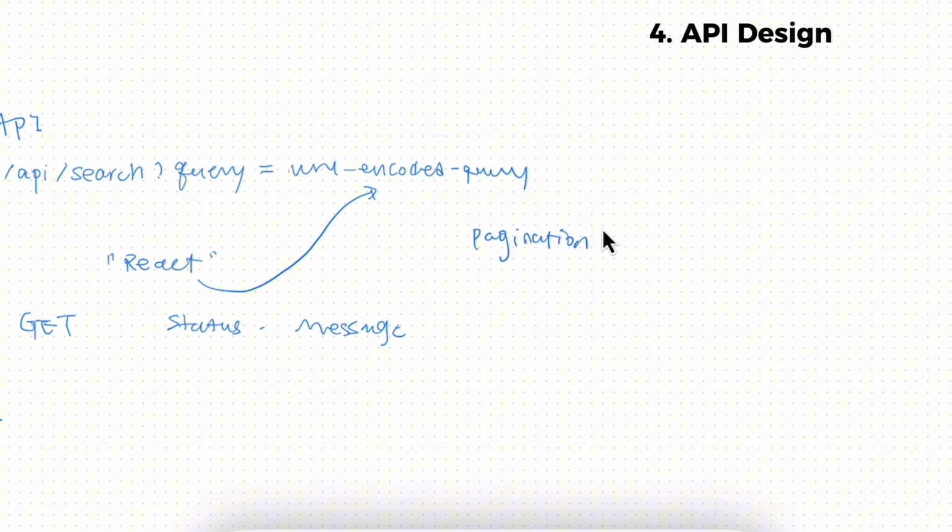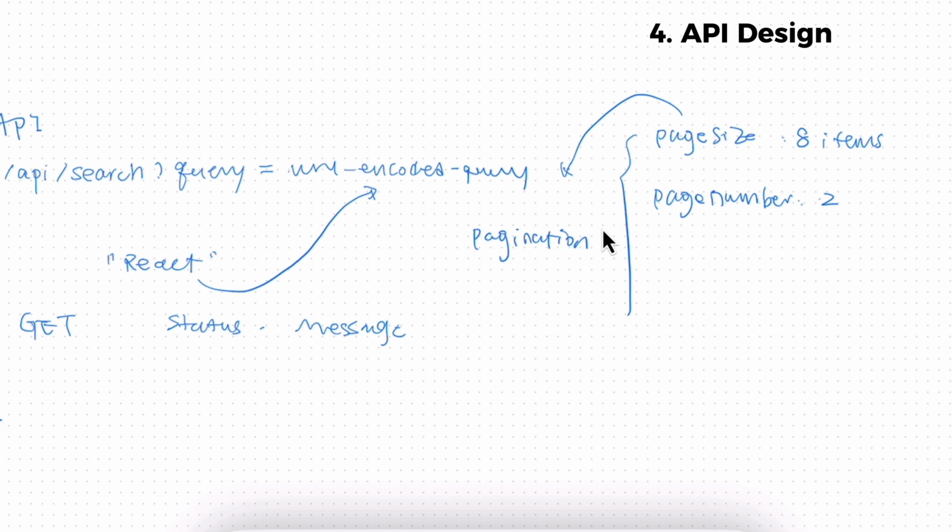So we'll need to think about query parameters like the page size or the page number. For example, if you want to get 8 more items for page number 2, we can send that as part of the parameter here as well, and that will be a query string.